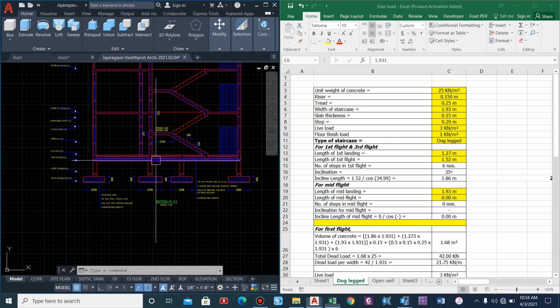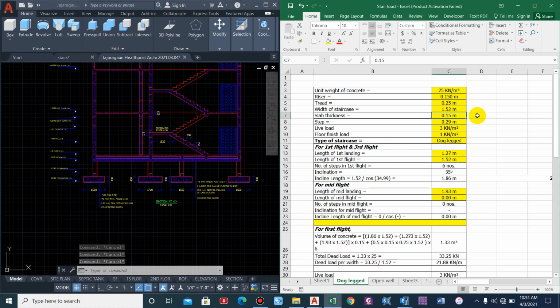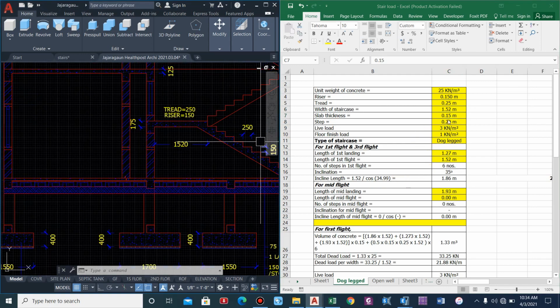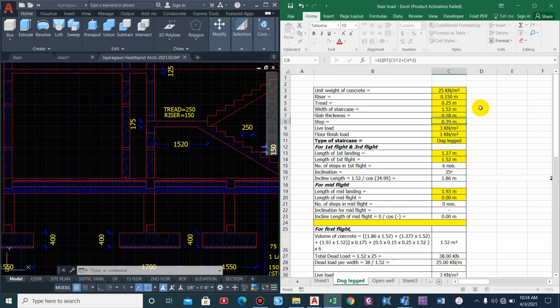Width of the staircase is 1.520 meter. Slab thickness is provided as 175 mm, 0.175 meter, and you can compute the step length from the Pythagoras theorem. Live load is 3 kN per meter square and floor finish is 1 kN per meter square.